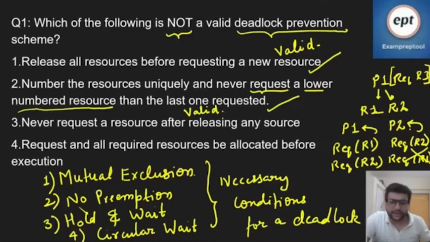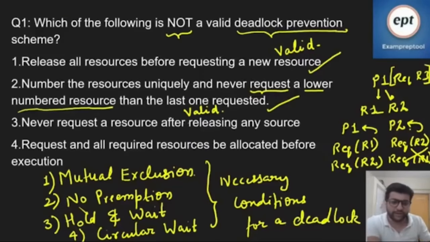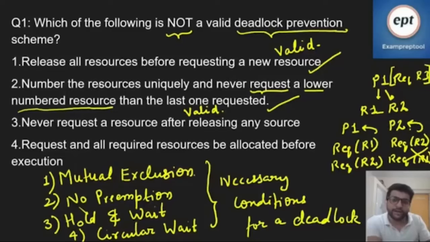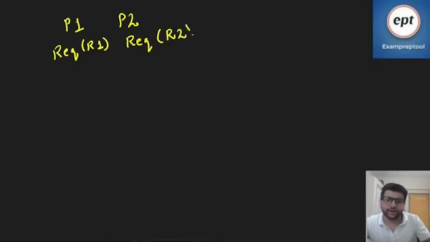And the third option says: never request a resource after releasing any resource. Let's take an example, P1 and P2. We want to create a schedule such that it is not requesting a resource after releasing any resource. Let's say P1 requests the resource R1 and P2 requests the resource R2.